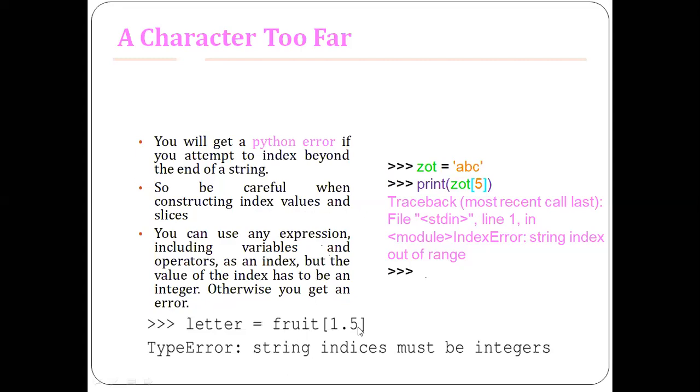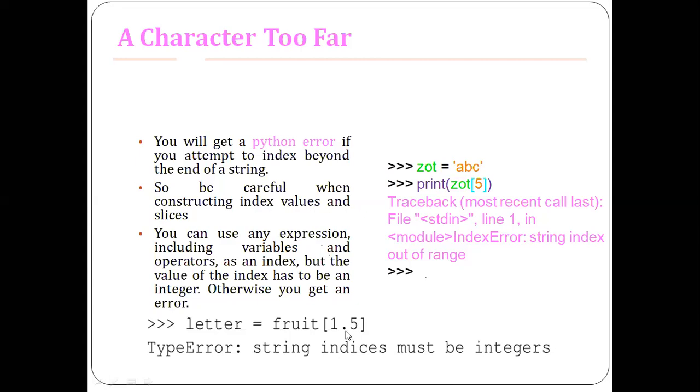Fruit 1.5. 1.5 is not an integer number, it's a float number, right? That's why it generates an error message stating that string indices must be integers. Here we have used an index which is not compatible with the index values.